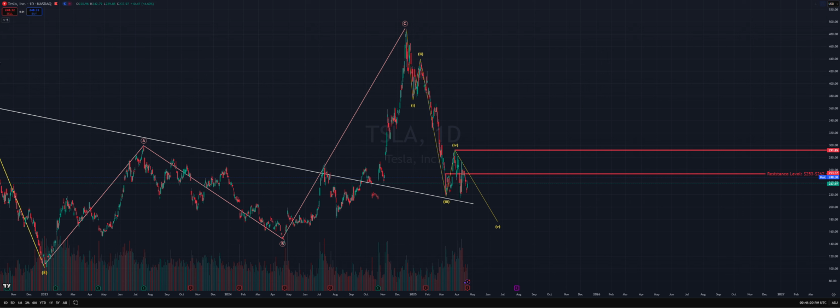So what that would look like is something like this, probably, where, assuming this is a fifth wave, you have a break above this level here, it breaks it, comes back down, retests this level, and then you take off. And that's what a new sequence would look like for Tesla.